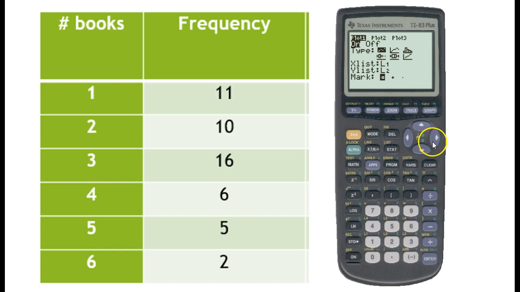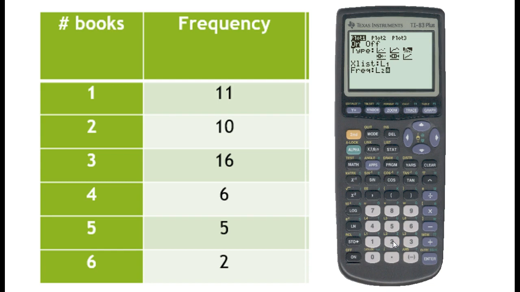We want it to plot. We are going to go down to the type, use your arrow keys, and we are going over to the histogram. Okay, hit enter, and we will select that one. Our X list is L1. Our frequencies are actually in second L2.